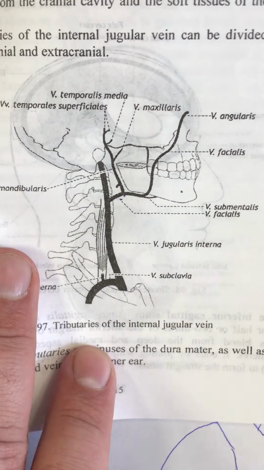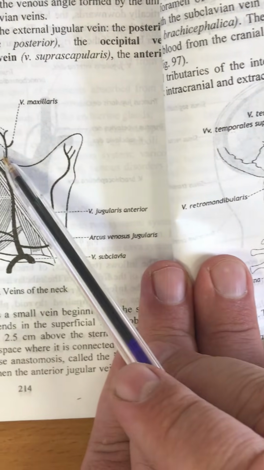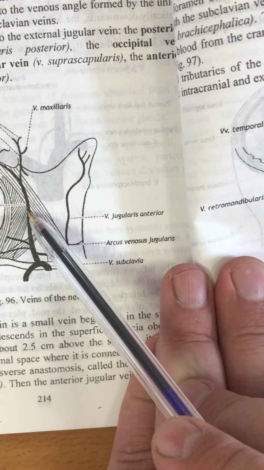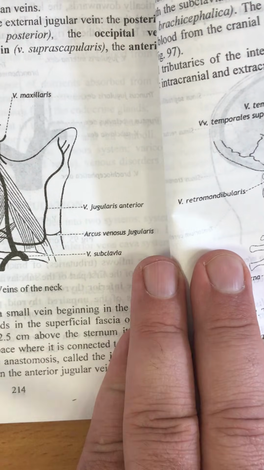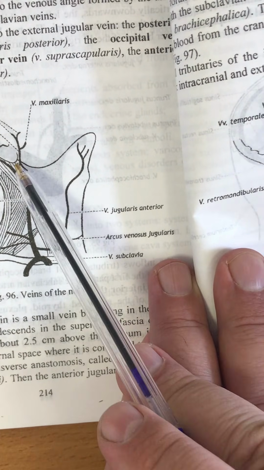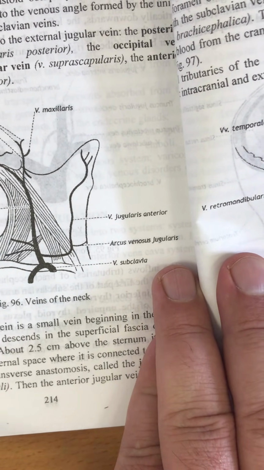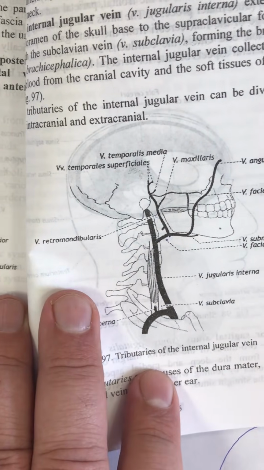You will answer this variant. You cannot answer as you want, that vena retromandibularis inflows into the external jugular vein. That is one variant of the venous system where the retromandibular vein inflows into the external jugular, in most cases into the internal jugular vein.